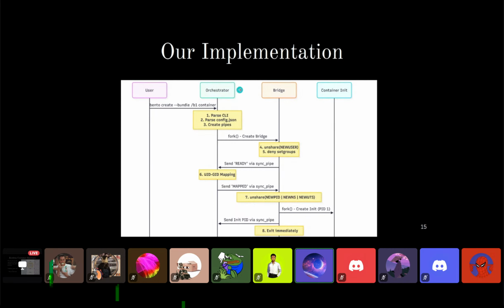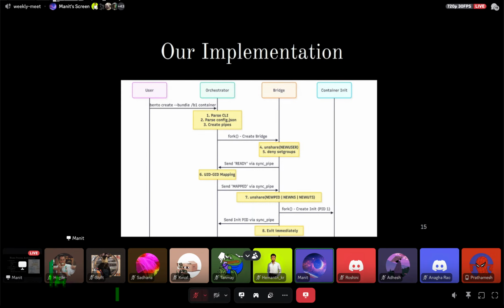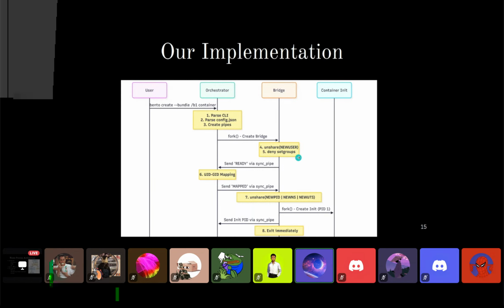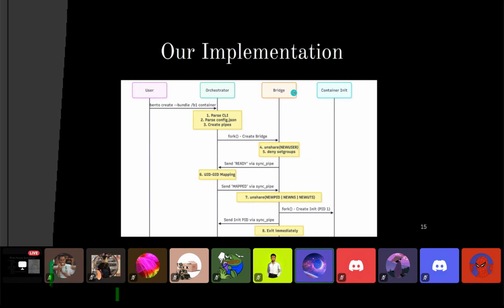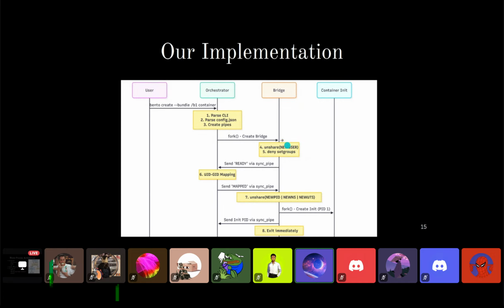Then we fork the orchestrator process to create our bridge process, within which we then set up our user namespace. Now, the user namespace does not require any privileges, so that aligns with our rootless functionality. We then also use deny set groups to prevent the actual container from setting its own UID and GID mappings.